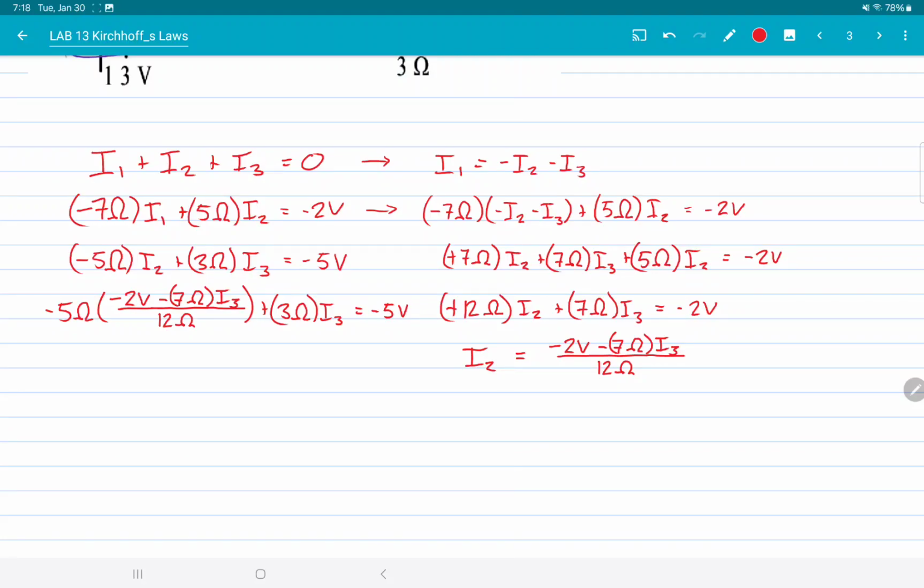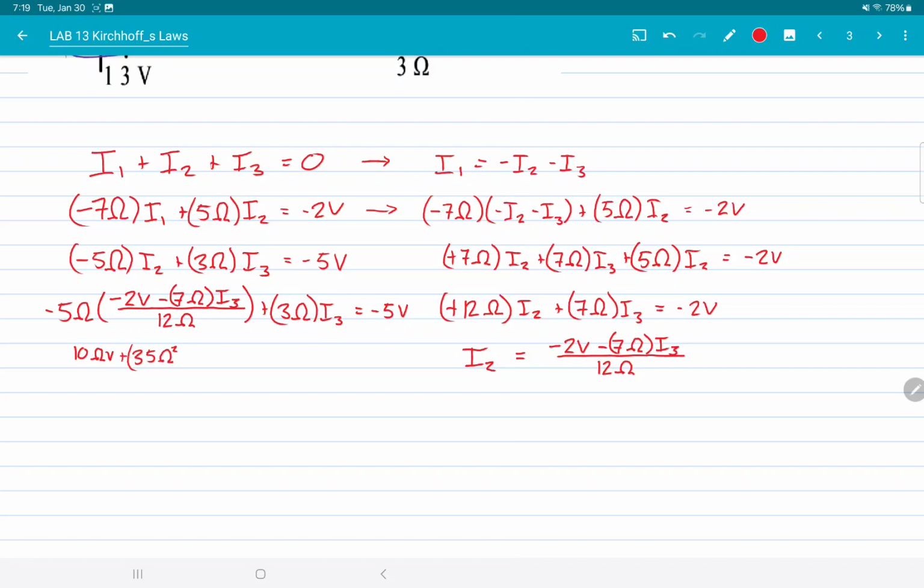And simplifying this down a little bit, I could go through and say, multiply that across the top. 10 ohm volts minus 35 ohms squared.